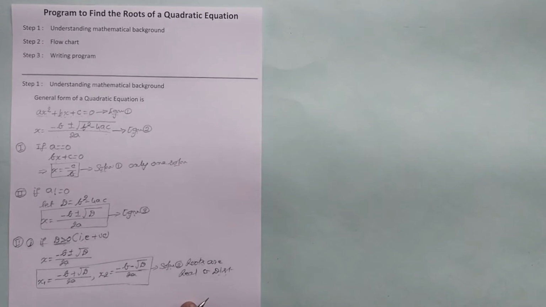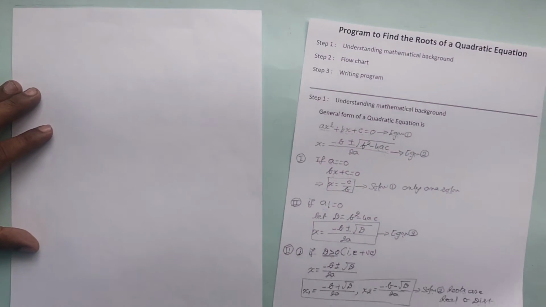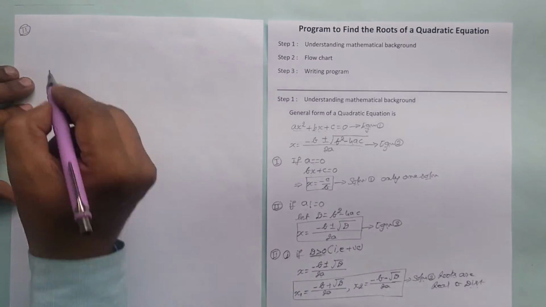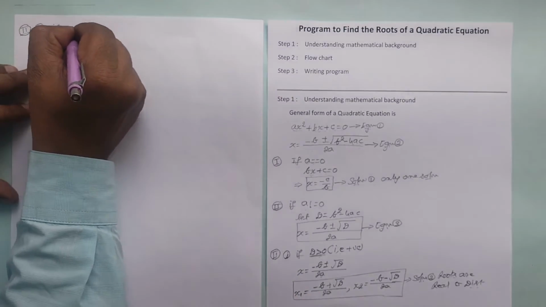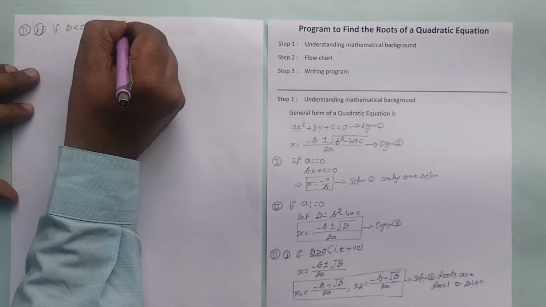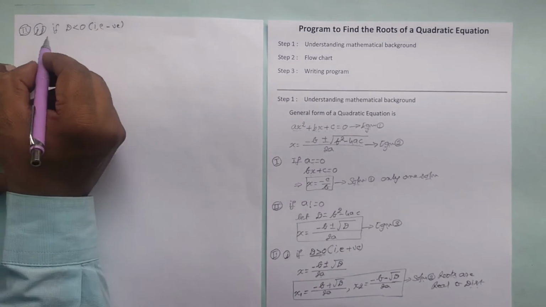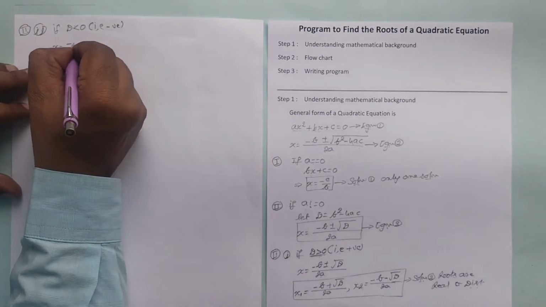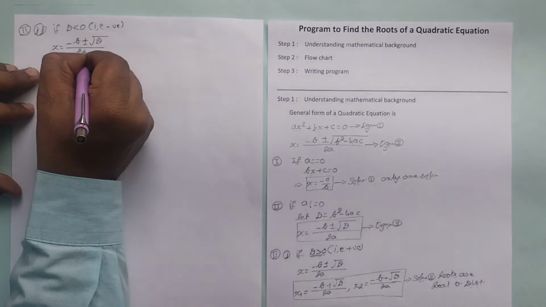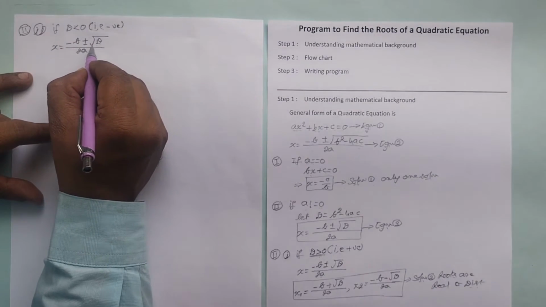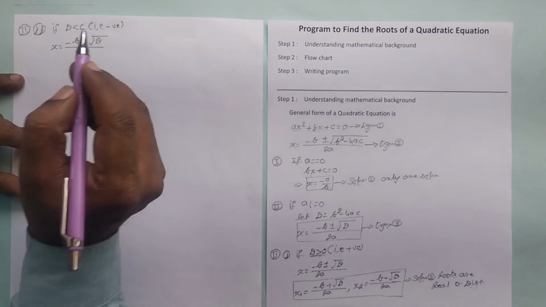Next, let us move on to the value of D less than 0, that is negative. Second main case, second case: if the capital D value is less than 0, that is negative, then x is equal to minus b plus or minus square root of D by 2a. Here the value of D itself is negative, so we could not find the square root of it.